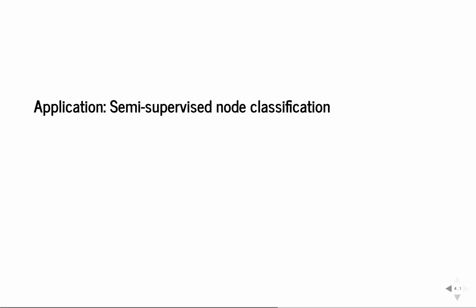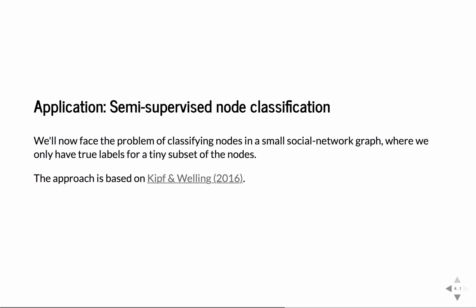Okay, so now let's look at an example application using a similar approach to that. Our application will be semi-supervised node classification. We have to classify nodes in a small social network graph, and we only have true labels for a small subset of the nodes.